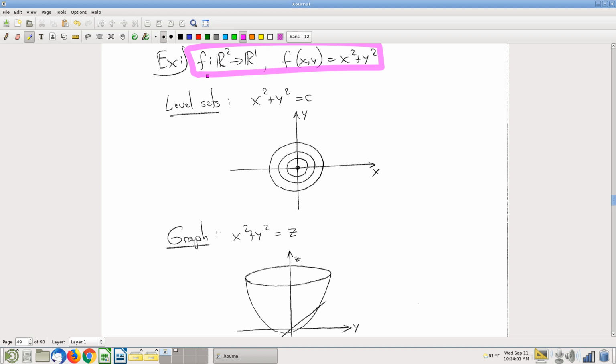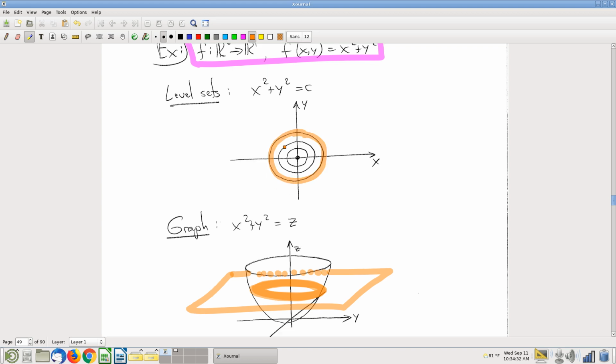Two totally different pictures, but you can see what the connection is between them. The relationship between the graph construction and the level set construction is, and again, we have geometric intuition for this: if you take a horizontal cross section of the graph, you get a level set. A circle in this case.